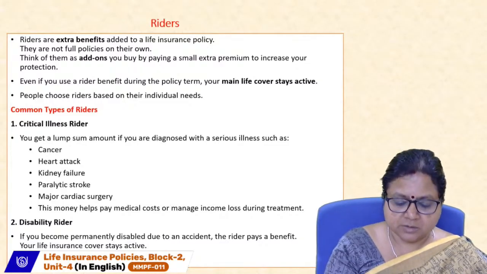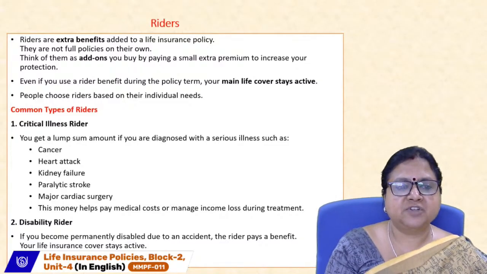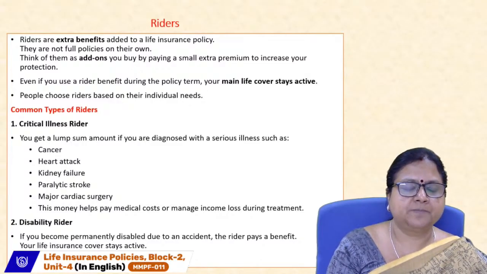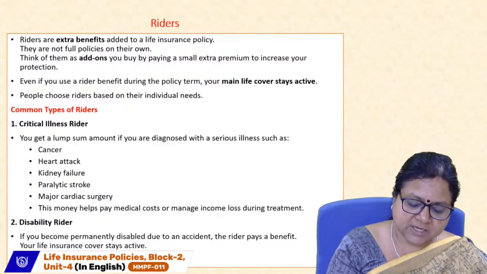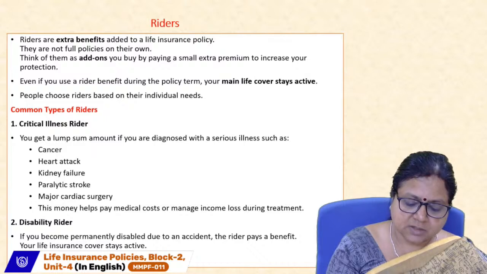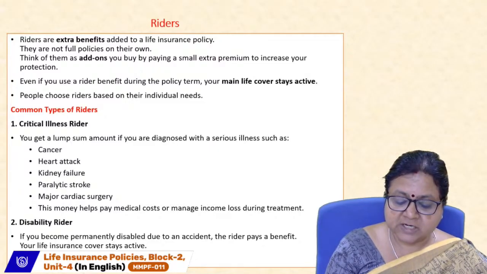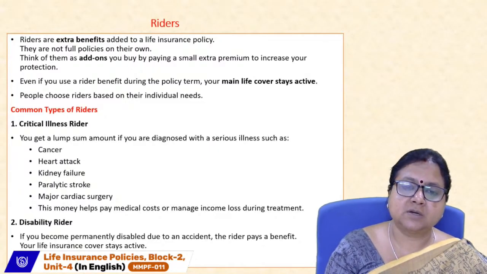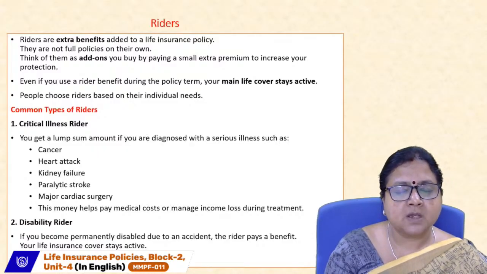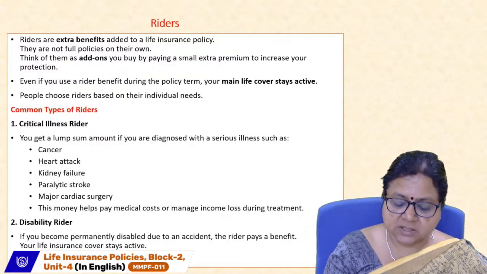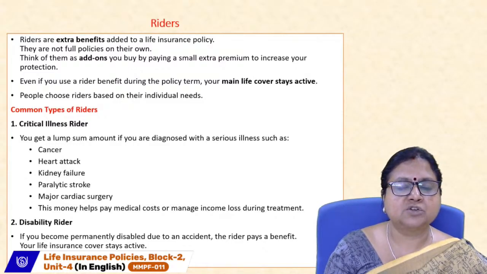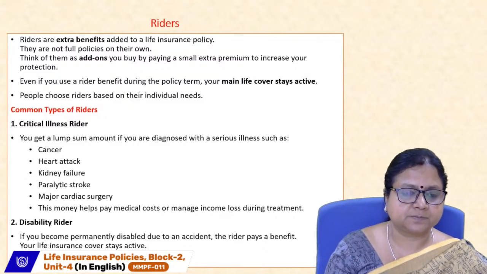Suppose you have taken a normal life insurance policy, and the policy also has a rider of cancer. Suppose you have cancer, then the normal policy will give you a sum assured of maybe 10 lakhs, and if you have cancer, then the sum assured will be 15 lakhs or 20 lakhs.